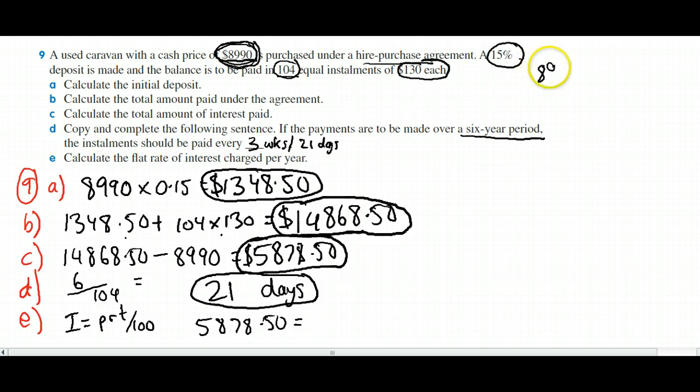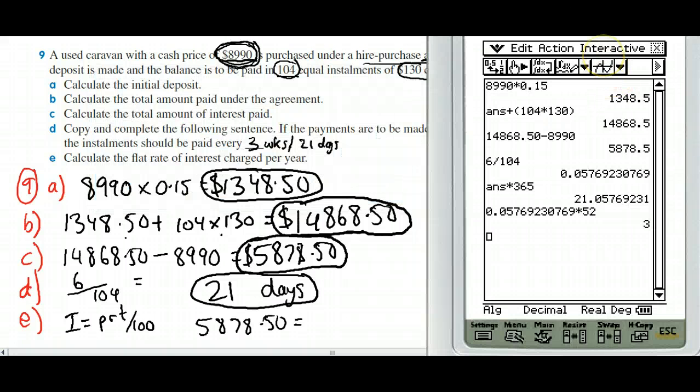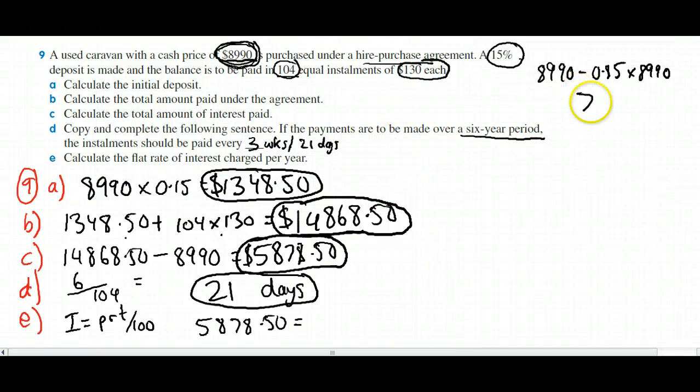So let's do 8990 minus 15% of 8990 and see what we get, what the original debt was. 8990 minus 0.15 times 8990, and we get 7641.5.